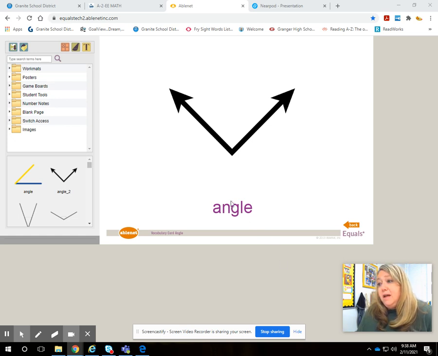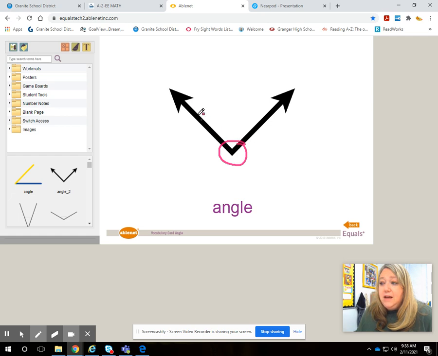So first of all, I just want to have you take a look at this vocab word that we learned last time. The word is angle. Okay, so we learned about an angle, and it's represented in math by using these two lines joined together right here at the vertex. We learned what that was called, right?